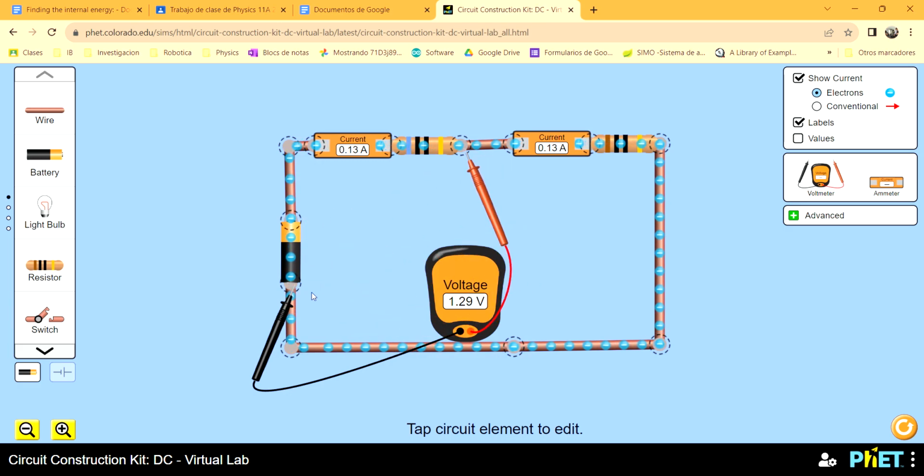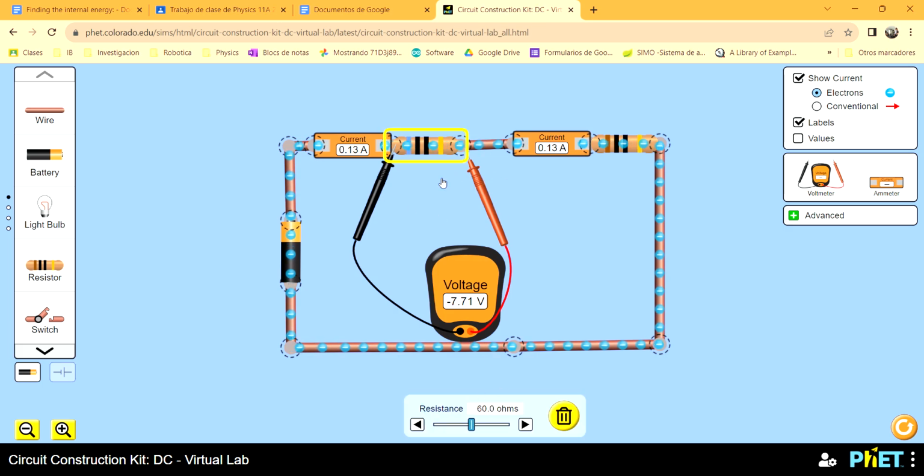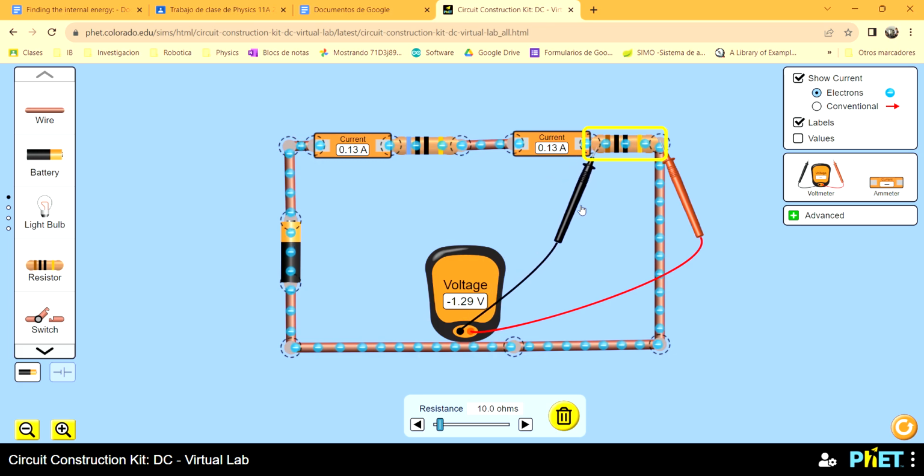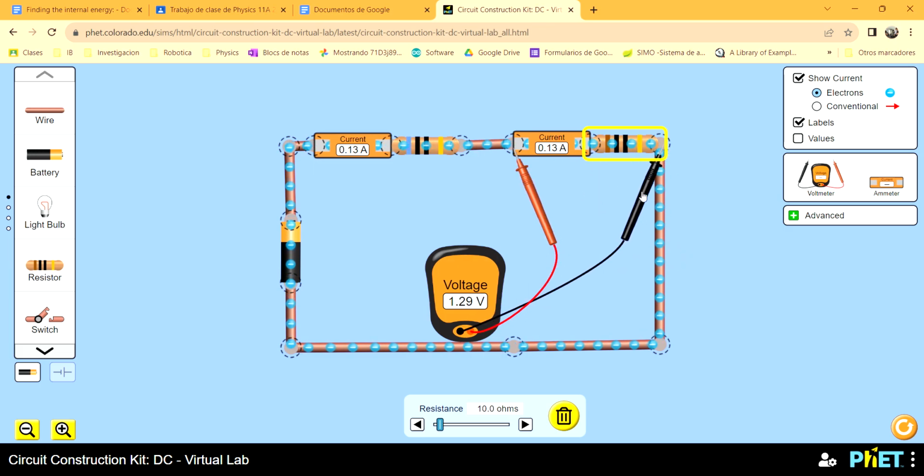If I measure the voltage on the resistance, it is 7.71 volts, which means that this resistance is higher than this one. This one is about 10 ohms, so its voltage is less. If I get negative numbers, it's because I'm measuring backwards, so you can switch it and then obtain positive values.